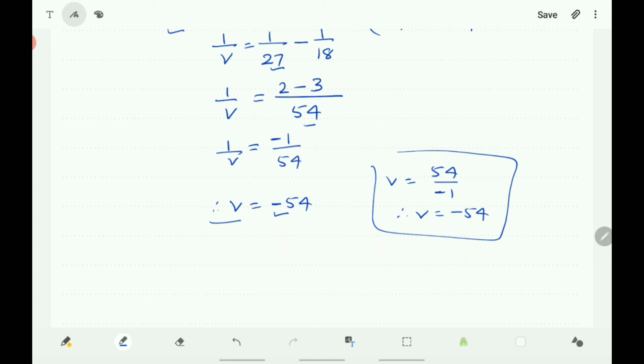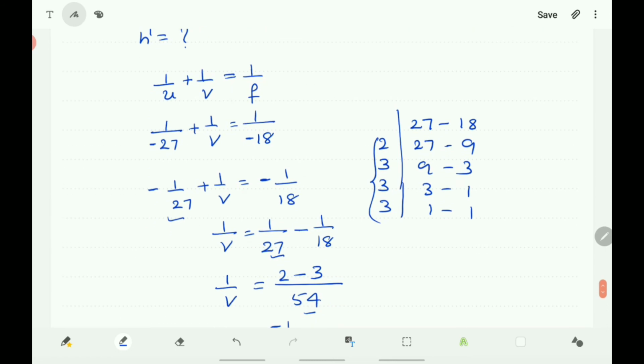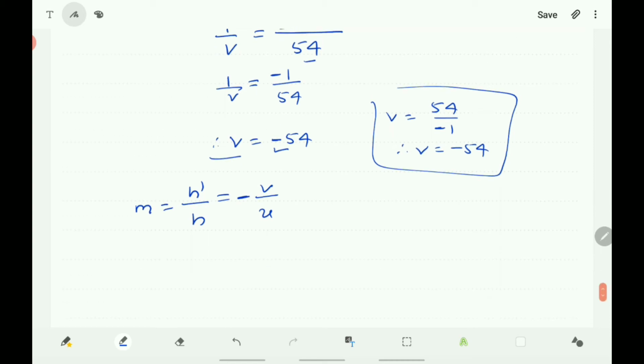And let us find the size of the image here, that is h dash. You know that h dash by h is equal to minus v by u, that is m is equal to h dash by h is equal to minus v by u.